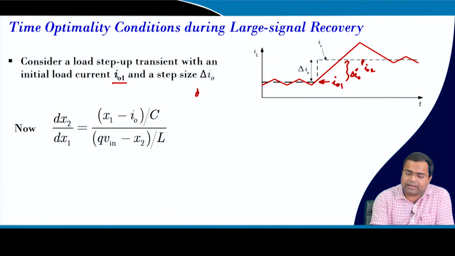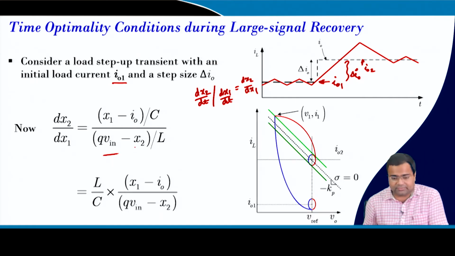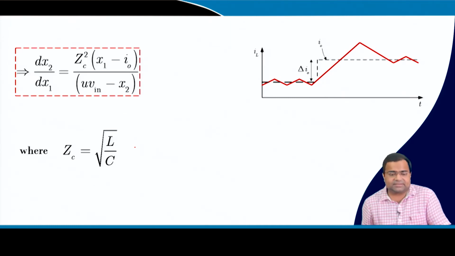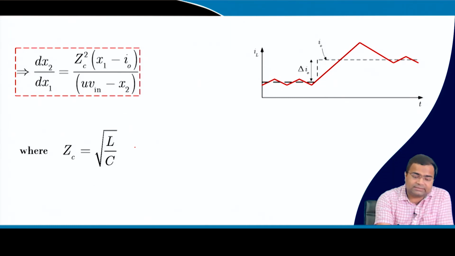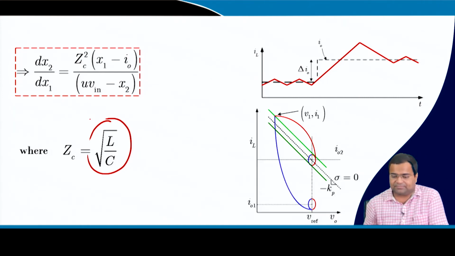So, now we can write dx2/dt divided by dx1/dt, and that will give you dx2/dx1 here. Then you can write this, and ZC is nothing but the characteristic impedance, square root of L by C.